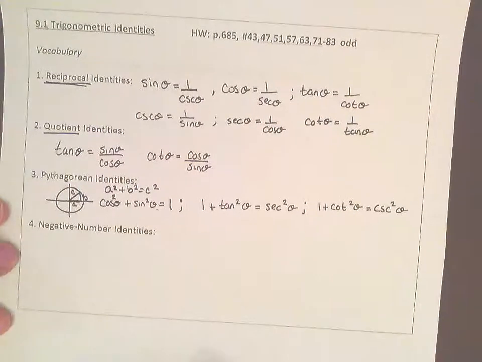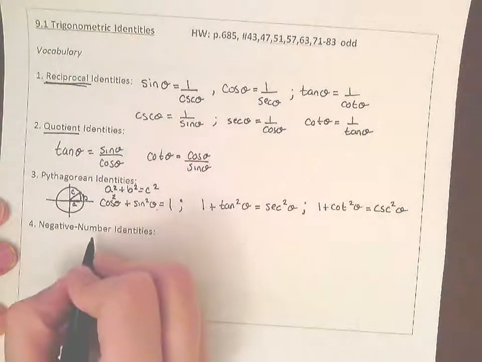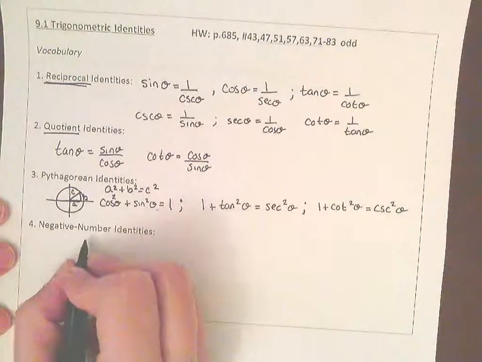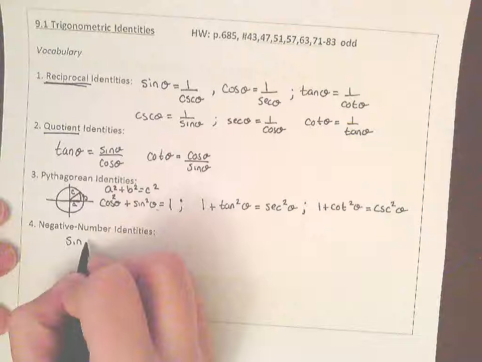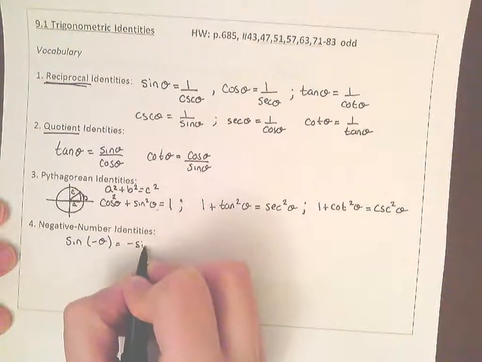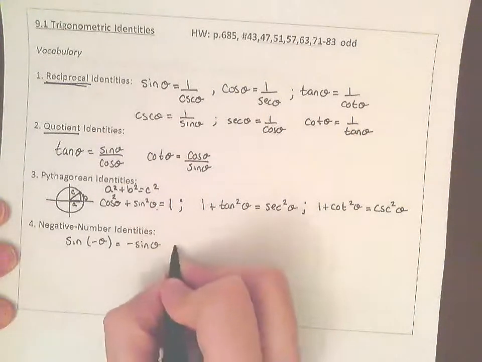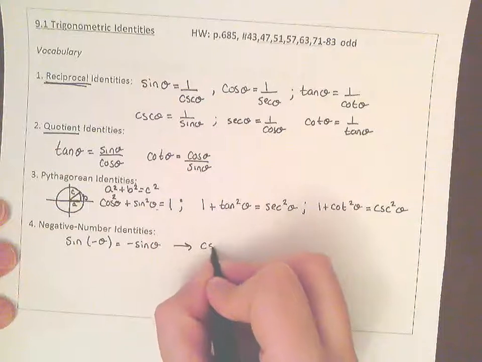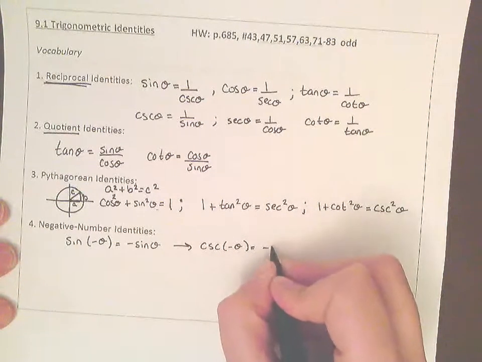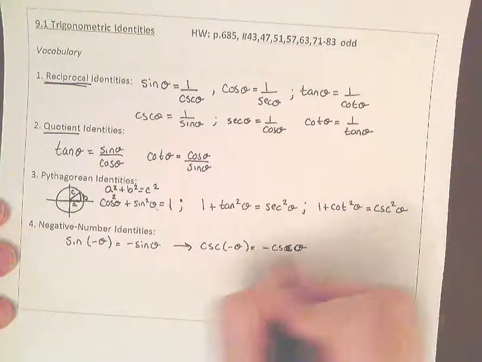And then the last one is the negative number identities, and that deals with negative theta, okay, or negative x. So sine of negative theta is equal to negative sine of theta. Also, cosecant of negative theta is equal to negative cosecant of theta.